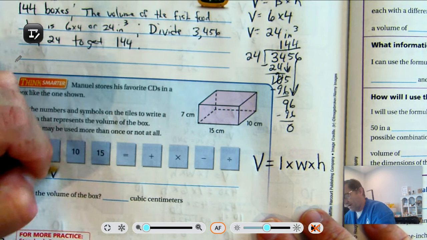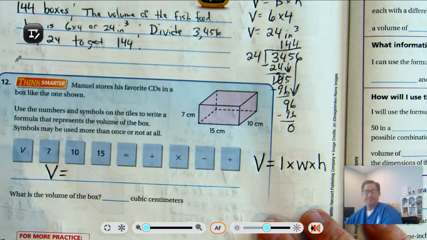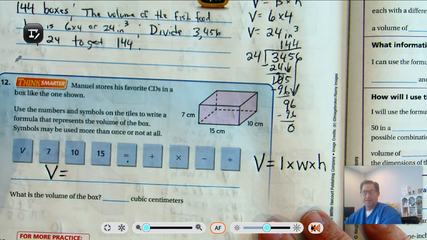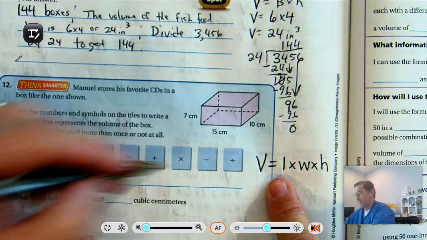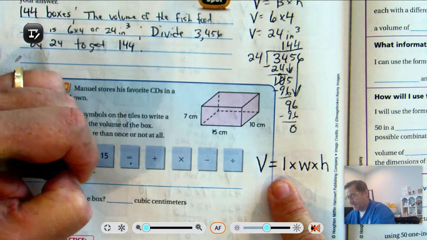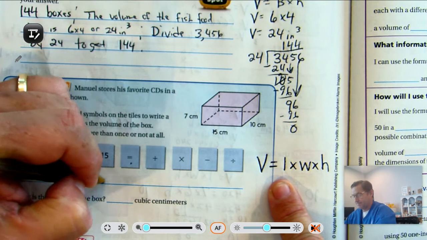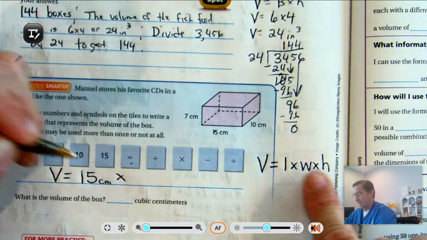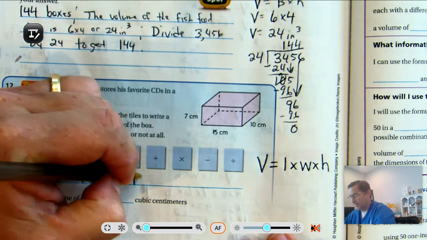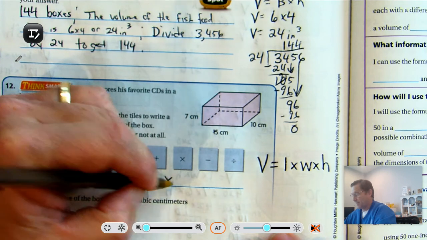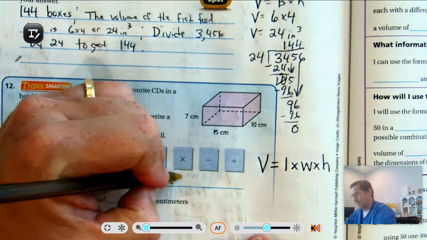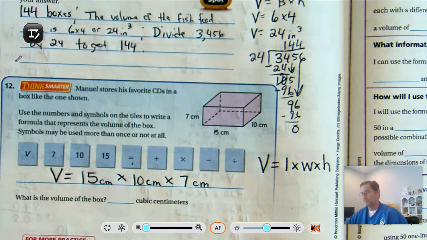Well, we have to find the volume, so we're going to use the V. We're going to use the equal sign. Do we know the length? Yes, we know the length is 15 centimeters. Times the width. We know the width is 10 centimeters. And we know the height is 7 centimeters. Okay.